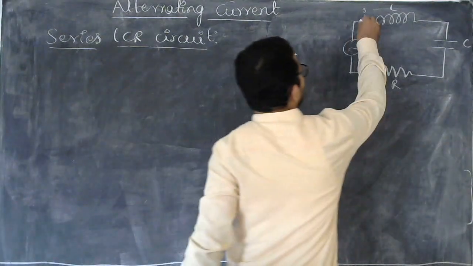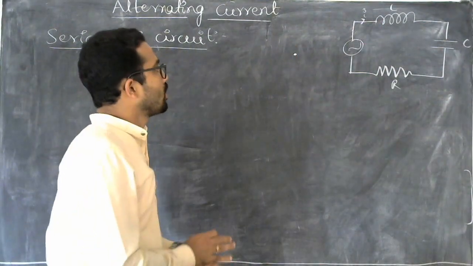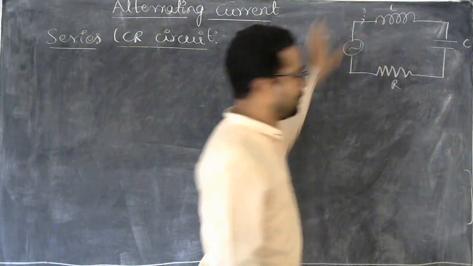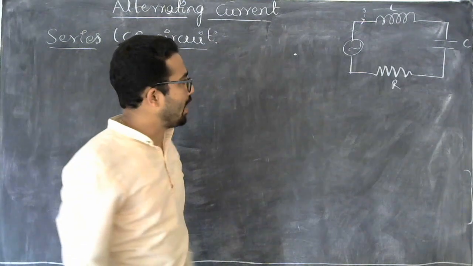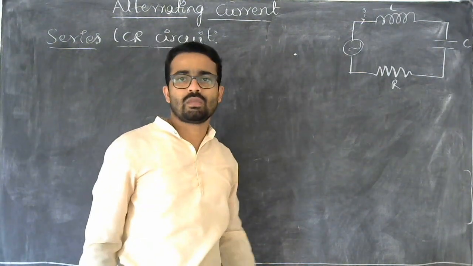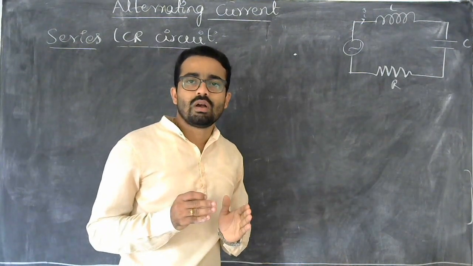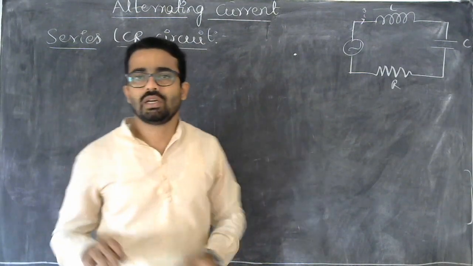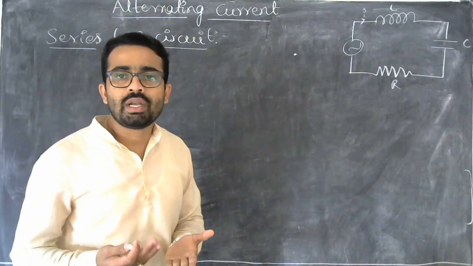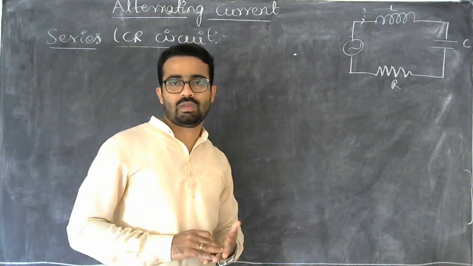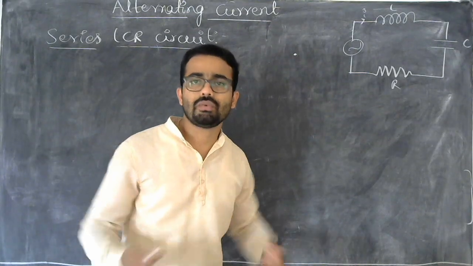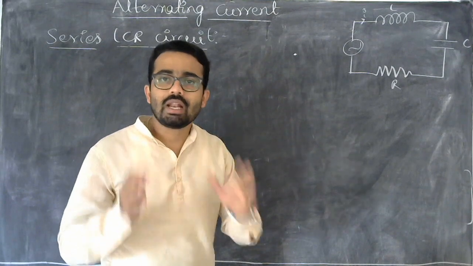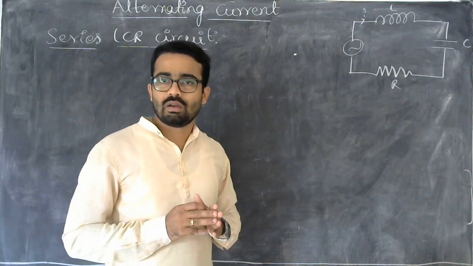Now, this is the current flowing through the circuit. From this diagram, we can find the value of V. But when studying AC applied to a resistor, capacitor or inductor, we were writing the instantaneous value of voltage as V equals Vm sin omega t. But we cannot write a similar equation here. Why?